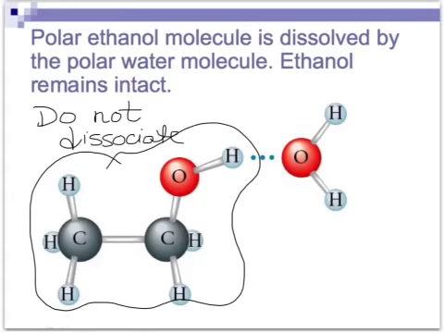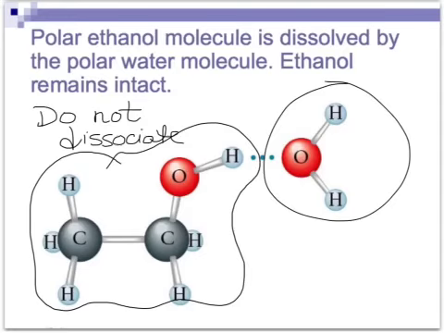So how is it that they dissolve in water? Well, dissolving something always depends on the intermolecular forces between the solvent and the solute. And hopefully at this point you can see that the intermolecular force between this solute, which happens to be ethanol, and water molecules are very strong.